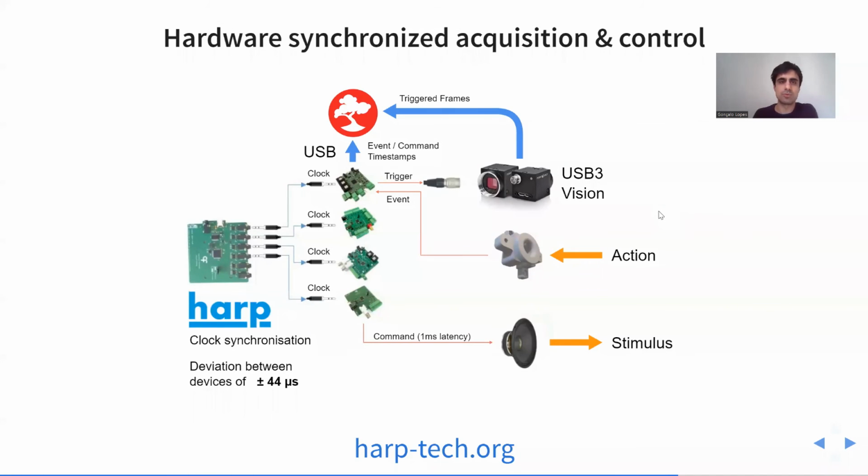But more recently, we've been moving to collaborate with other groups, and one of the recent developments that we are most proud of is integration of Bonsai as the official acquisition platform for the HARP protocol. So this is a family of hardware synchronized acquisition and control devices.